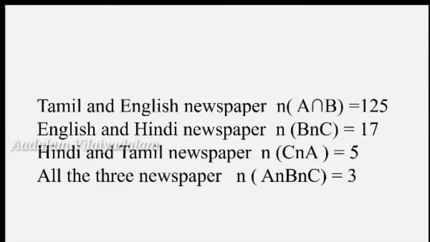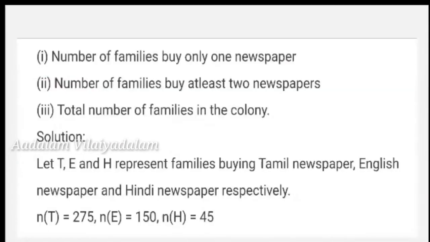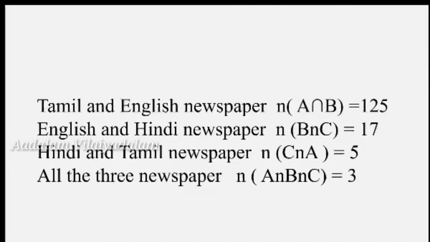Now, Tamil and English newspaper buyers. From the question we can write that the intersection of A and B is 125. Students, here I have changed the notation a little bit: N of T, N of E, N of H, I changed to A, B, C. Otherwise, you can change it as A, B, C according to your convenience and for understanding.